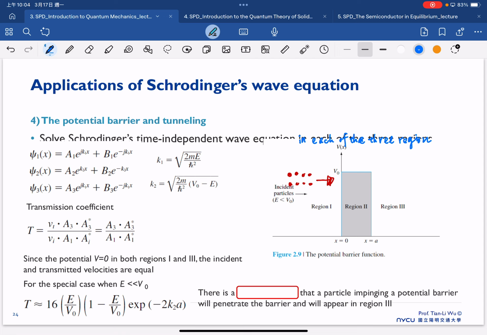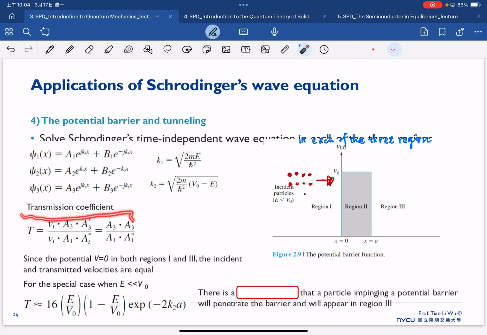So as usual, this is what we already have from the previous example. We already got the wave equation in all these three regions, which is phi 1, phi 2, phi 3. And now we have to define one interesting coefficient, the transmission coefficient.